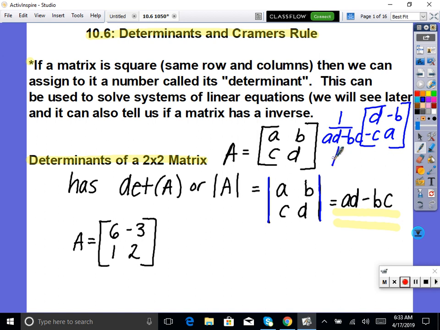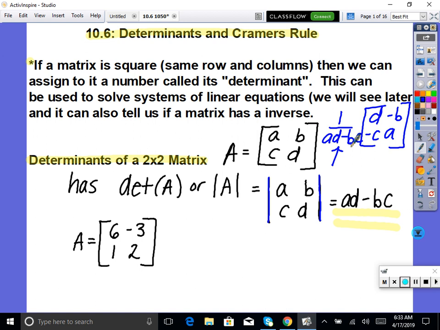So we remembered that if we get a denominator of 0 here, we would not have an inverse. So therefore, can't we say, since this is the determinant, what's on the bottom of the fraction, if our determinant equals 0, we know it won't have an inverse.